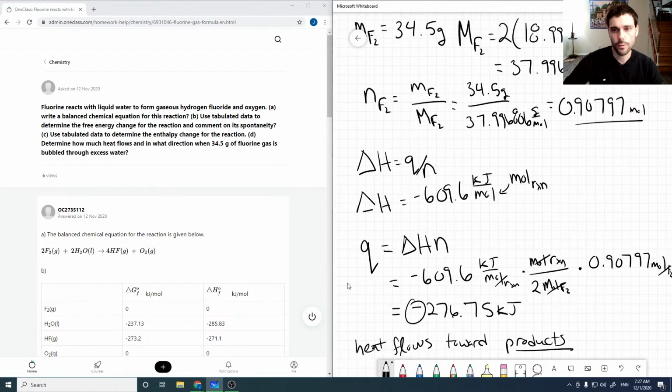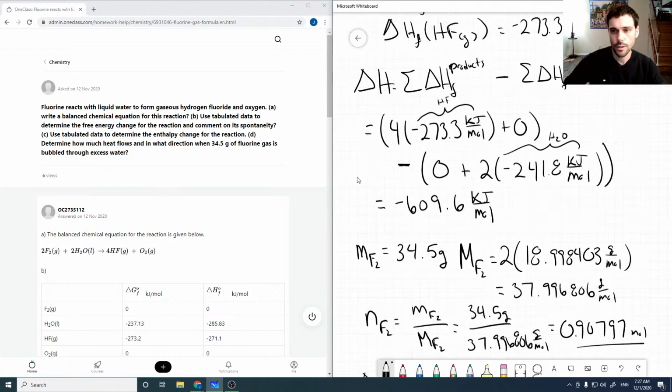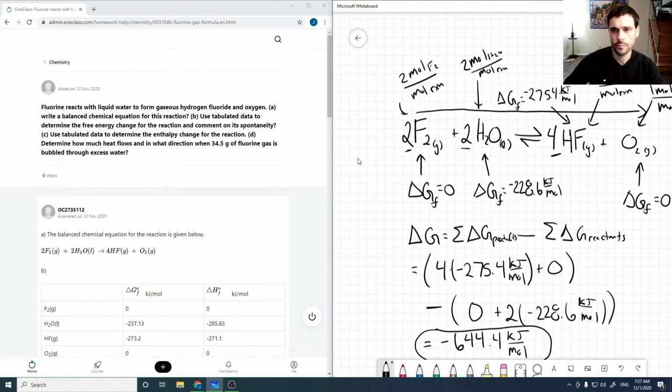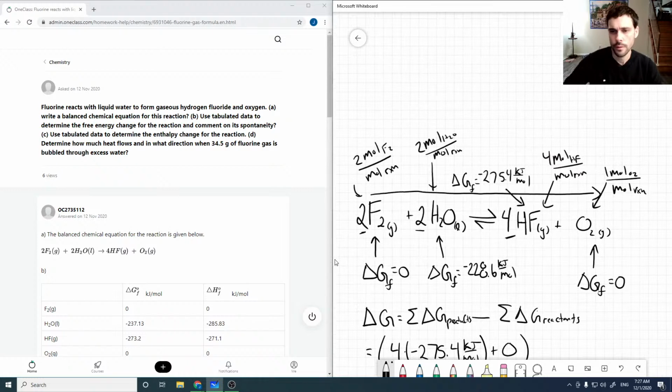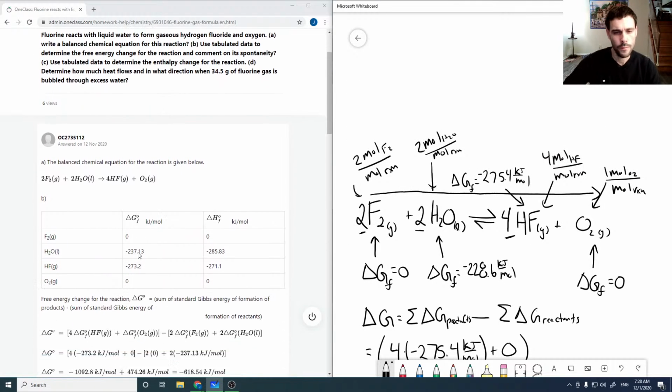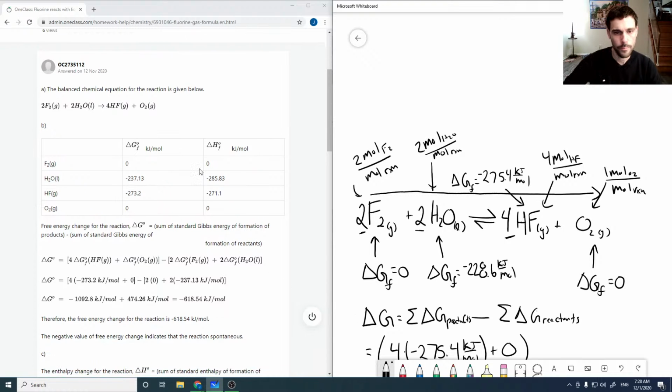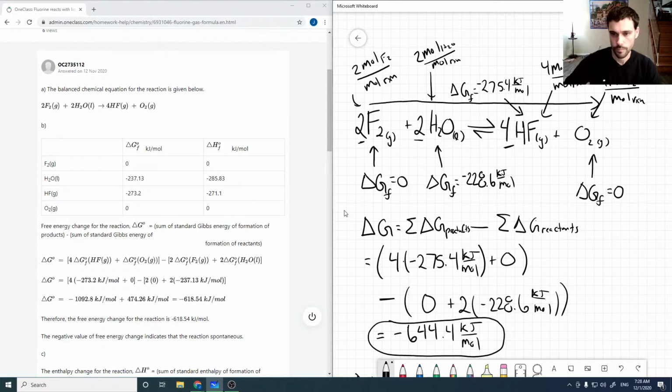So running through all of our solution here, right from the top, there's our balanced equation, which looks good. The delta G's of formation that they found are a little different from mine, but that's okay.